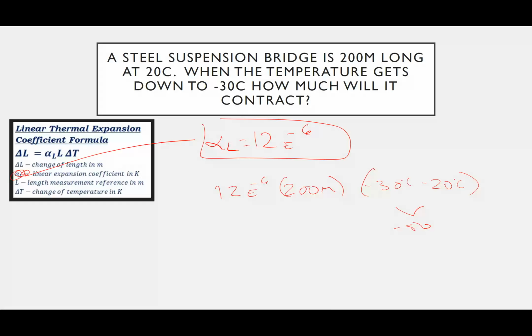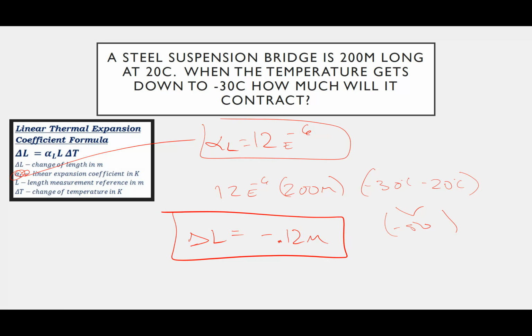So when we do 12 e to the negative 6 times 200 meters times negative 50, we get a change in length equal to negative 0.12 meters. So even though our bridge itself is 200 meters long, the overall change is only going to be 12 centimeters. And since it's getting colder, it's going to contract.